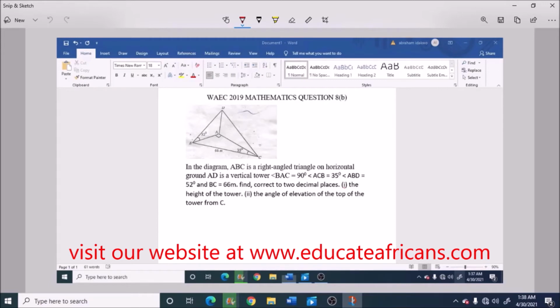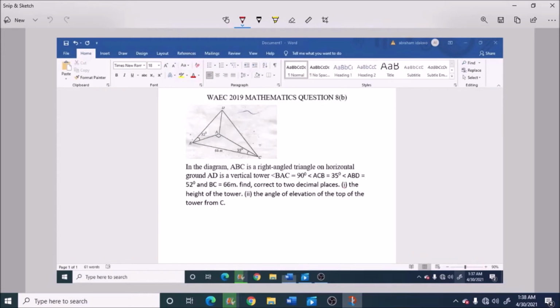Okay, so in the diagram given in the question, we have sine 35 is equal to AB over 66. So AB is equal to 66 sine 35. Okay, so this will give us 37.86 meters.